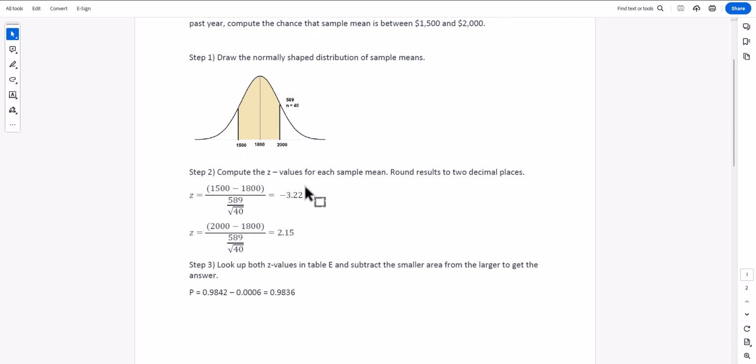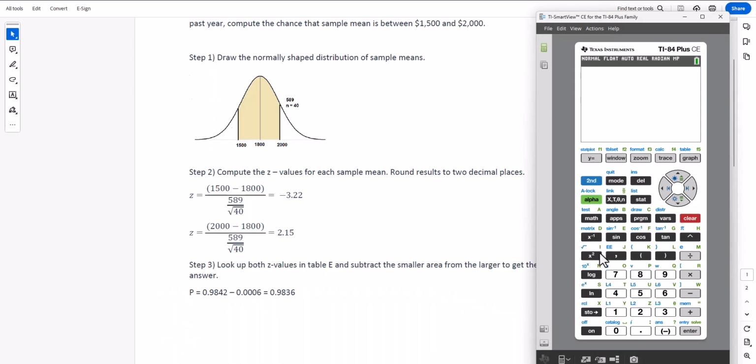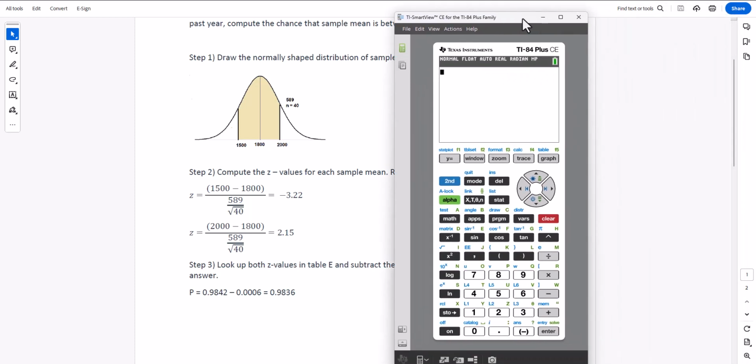Our next step is to convert the sample mean values to z-values. So we have to convert 1,500 to a z-value. Let's key that in a calculator. To do this, we have 1,500 minus 1,800.